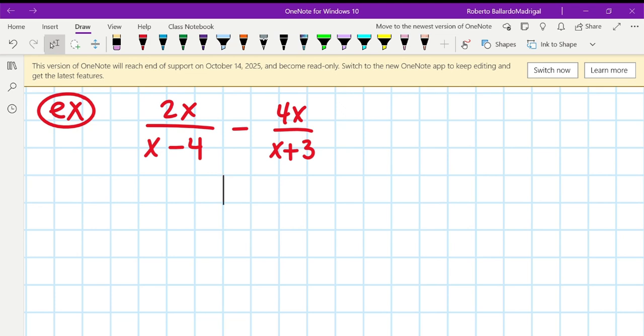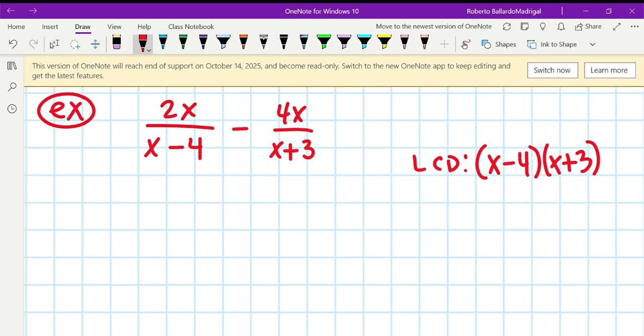So, coming back together, like I said earlier before this thing started glitching out, it's going to be a product of both denominators. So, it's going to look like this. x minus 4 times x plus 3. We want our common denominator to look just like this. Now, if you notice, the first fraction already has the denominator that has the x minus 4.